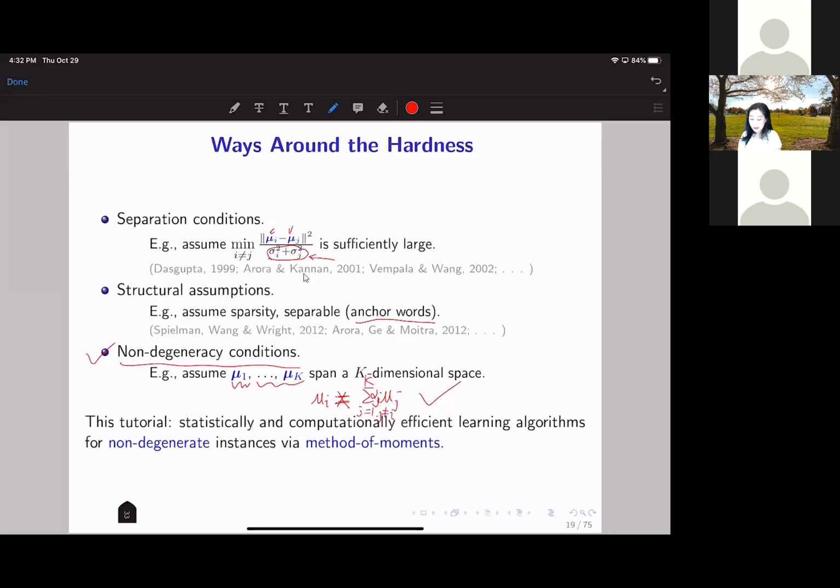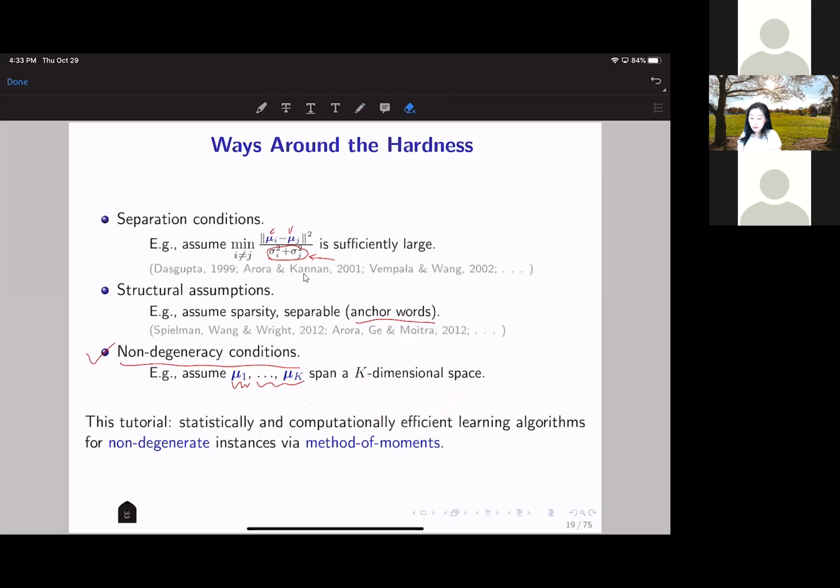All right, so this is just a recall of the linear independence. Now this tutorial is about statistically and computationally efficient learning algorithms. We'll introduce those algorithms for non-degenerate instances using method of moments.